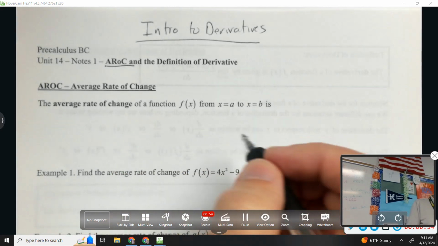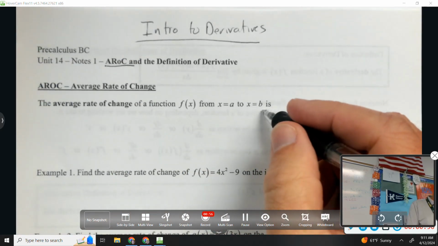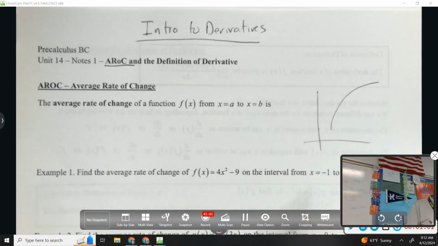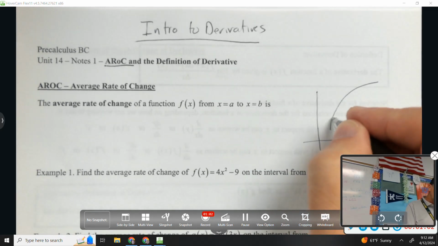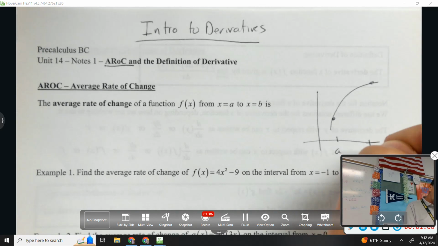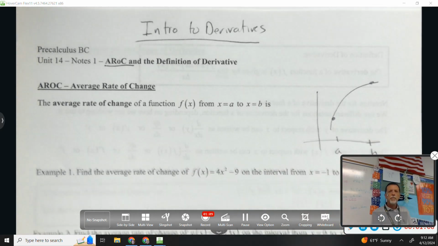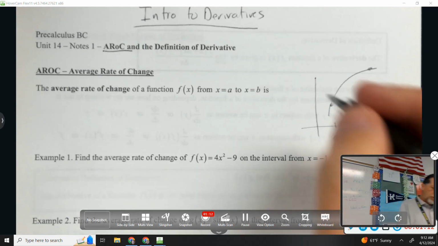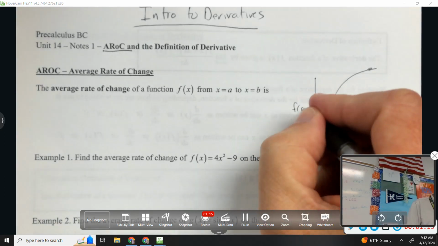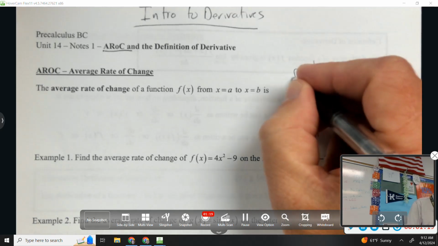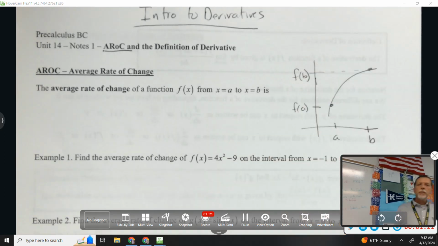The average rate of change of a function from x equals a to x equals b. So let's just say we got some random looking function. There's a and there's b, which means this is f of a and this would be f of b, so the y values are there.